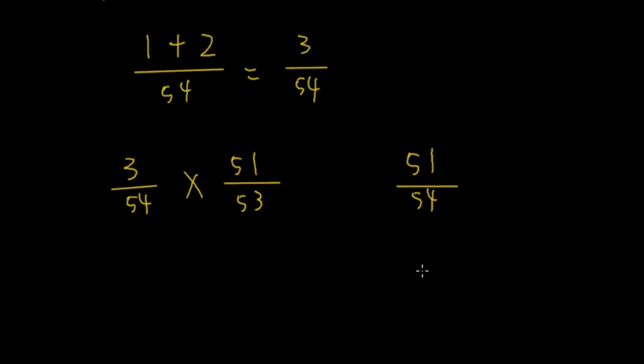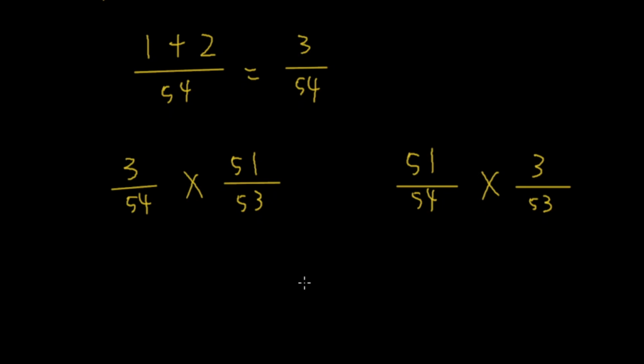Now, on the second draw, you get one of these, so it's 3, one of the 3. But again, after you draw the first card, you don't return it to the deck, so you have 53 cards to draw from. And you multiply the probabilities together. So this is the probability of drawing none of these cards on the first draw, but one of these cards on the second draw.